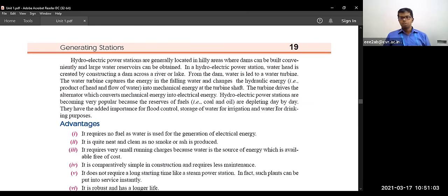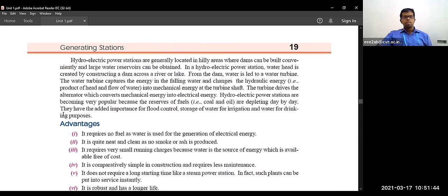And crude oil is also available for only some 40, 50 years. After that, we don't have it, so we have to rely on some other technology. Hydro is also becoming very popular, because if it rains for a day, or if we expect good rain in a month or in a year, you can simply go for generating electric power.